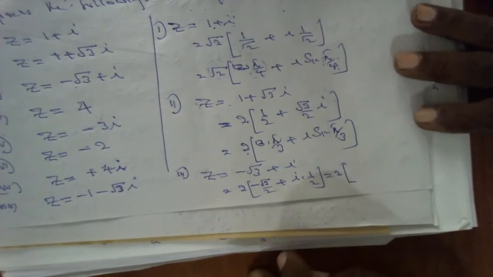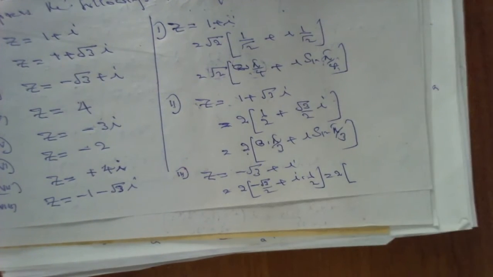Now here cosine is negative, sine is positive. What is the angle? Roughly you can guess, then thereafter you check. 120 or 150, that is 2 pi by 3 or 5 pi by 6.